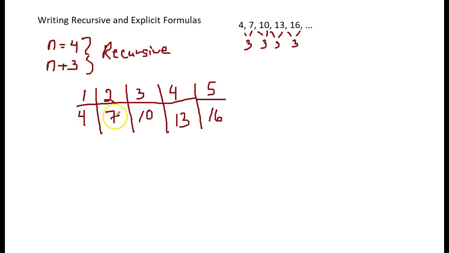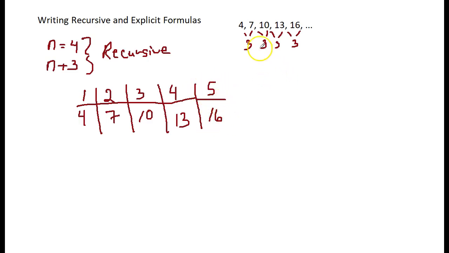I add 1 to 6 and I get 7. What's 3 times 3? 9. 9 plus 1 more makes 10. 4 times 3 is 12. 12 plus 1 more is 13. Okay. 5 times 3 is 15, plus 1 more makes 16.